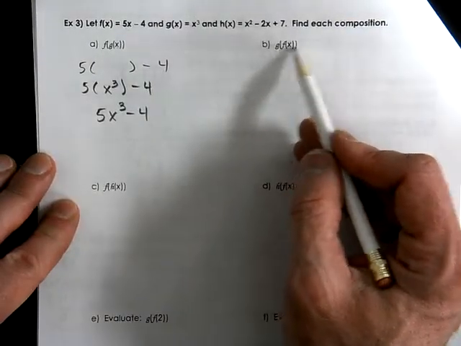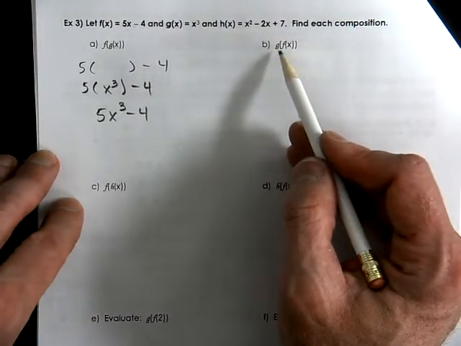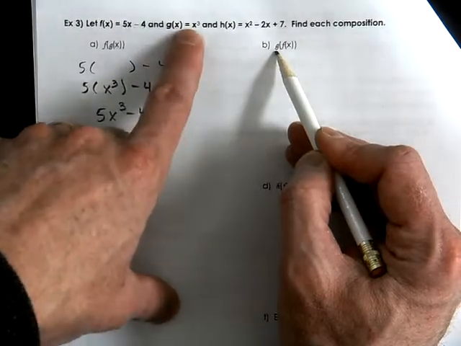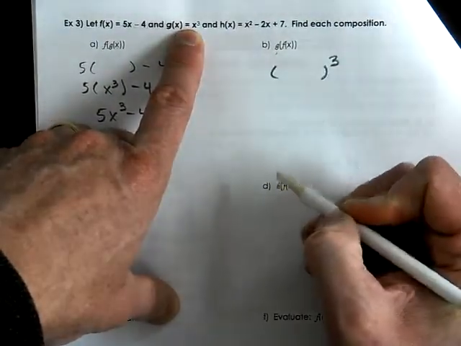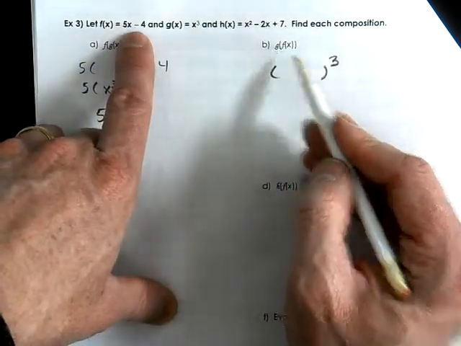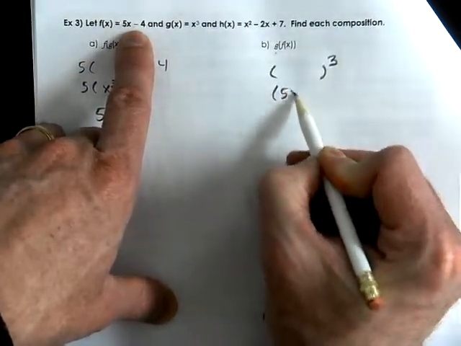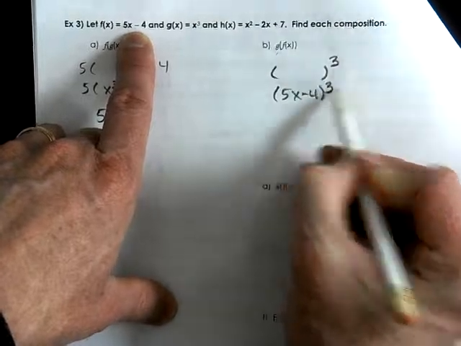This is g of f of x. So we go to our g function, whose x value is something being cubed. You're going to plug the f function into that: (5x minus 4) cubed.